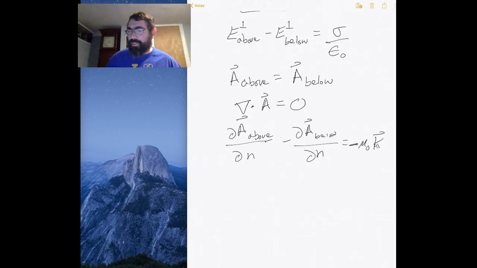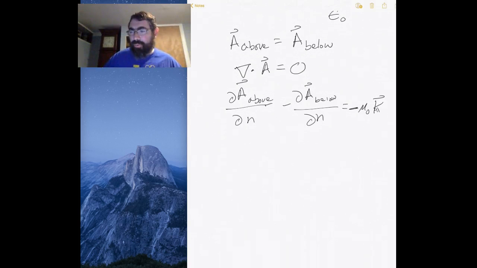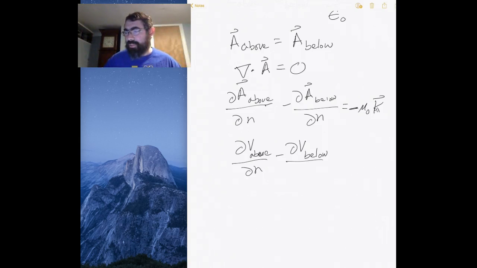Again, this is very similar to what we had before, which is the change in the electric potential above minus the change in the electric potential below was equal to minus the charge density divided by epsilon naught.